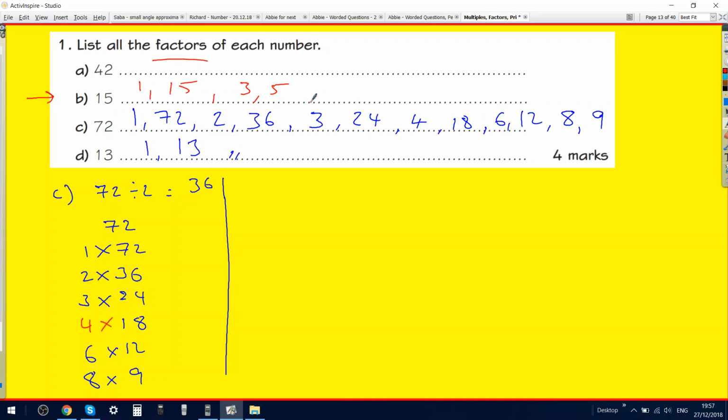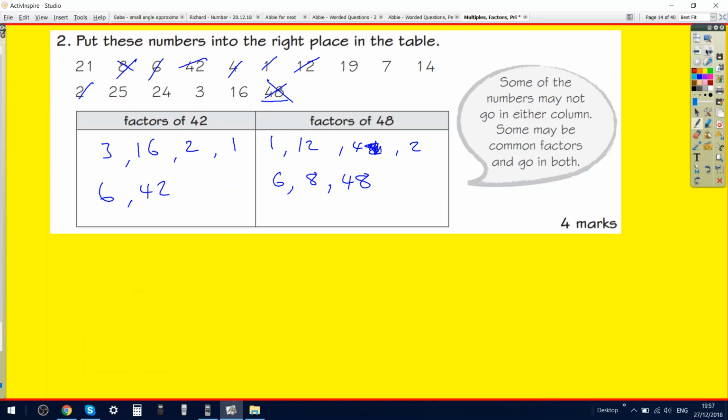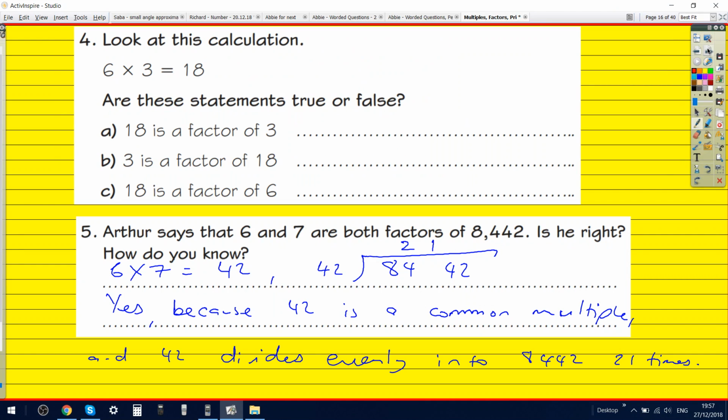Wait, 4, 8, 12. Yeah, the closest we can get is 4 times 3. 5 is 5 times 3, which we've already done. So it goes back around. Yeah, so that's it. Well done. We did that.